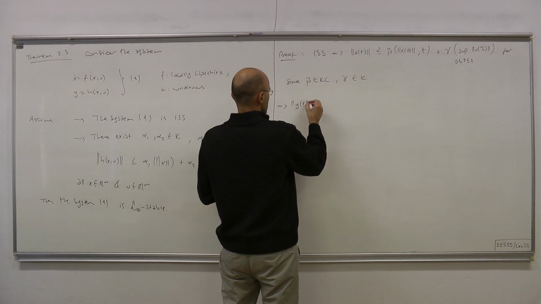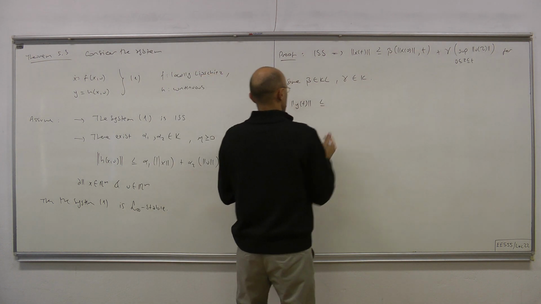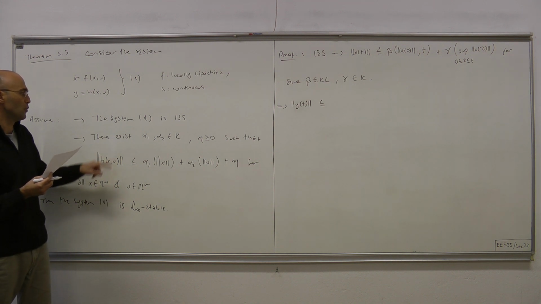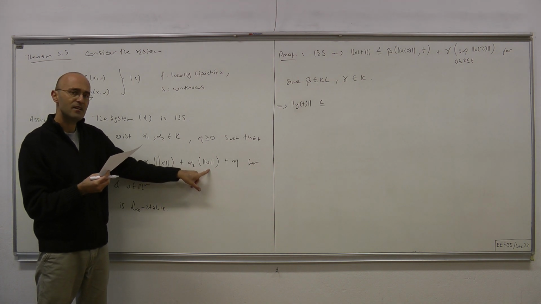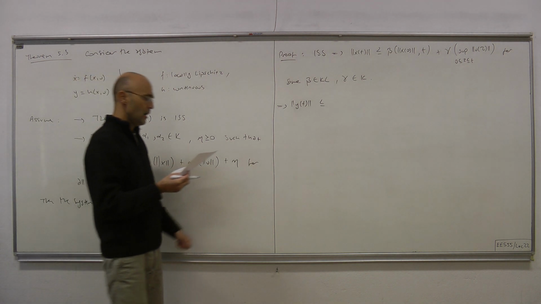Y of t. And then this is less than or equal to what? Using the second condition, we can use the solution and the input signal to upper bound the output.